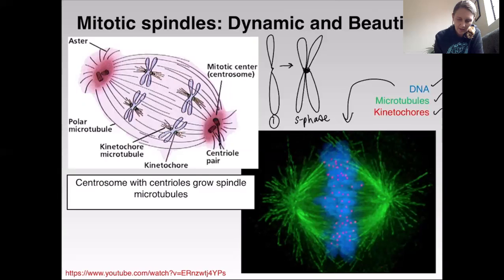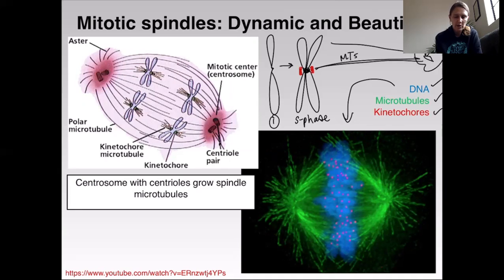Remember that the kinetochores are protein complexes that get built on the centromere so that microtubules can go and attach to them. All right. So they have these long microtubules that form from the centrosome that reach out and try to find the kinetochores.